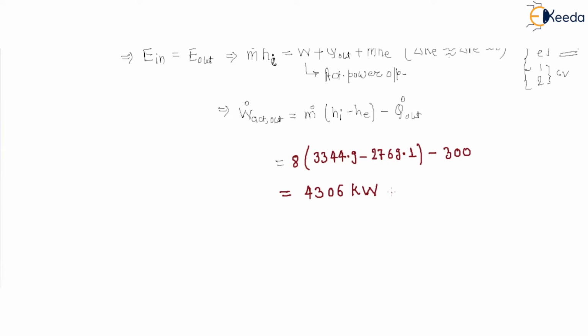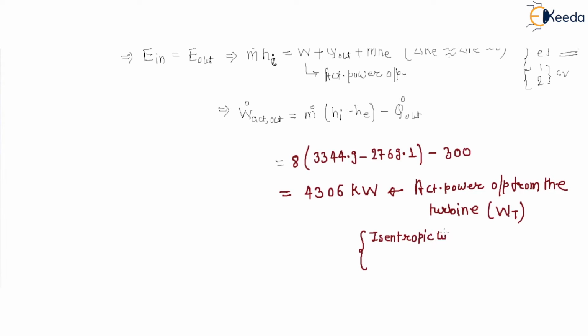This is the actual power output, that means actual power output from the turbine. That means WT, right? If Q out is 0, this is the energy which is remaining, the work for a reversible and adiabatic process. So note here also, what is the isentropic work?